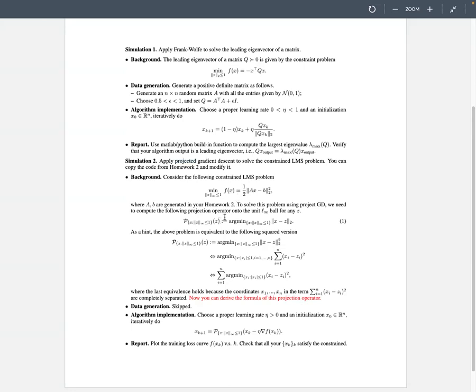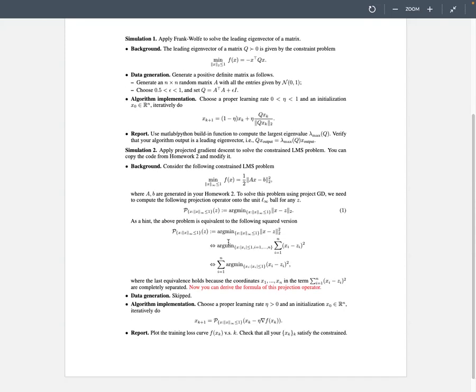This is something that you want to look into. This is a step-by-step derivation of the projection. This is the original definition of the projection. Given a Z, we are looking at the point X that has the minimum distance to Z within that set.